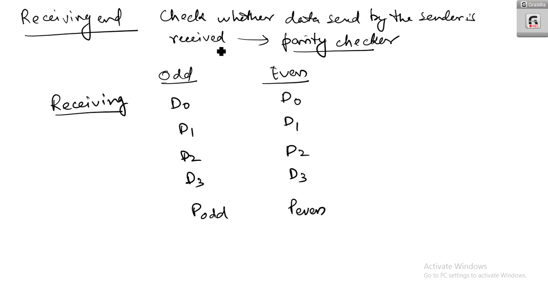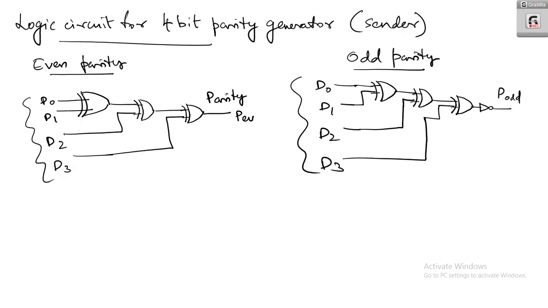So even though the input is 4-bit, at the receiving end you have 5-bit inputs, that is D0, D1, D2, D3 along with the corresponding parity bit. Okay. Now I need to check for this odd parity as well as even parity. How is it possible? Okay. So I am going for checking with even parity.